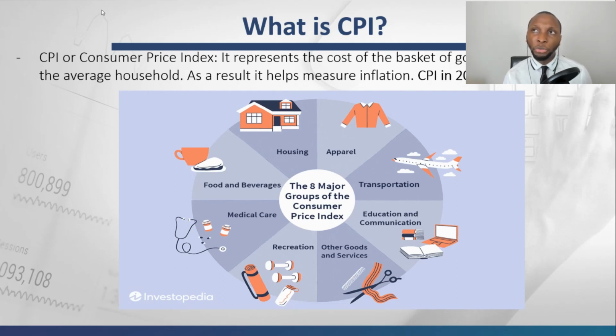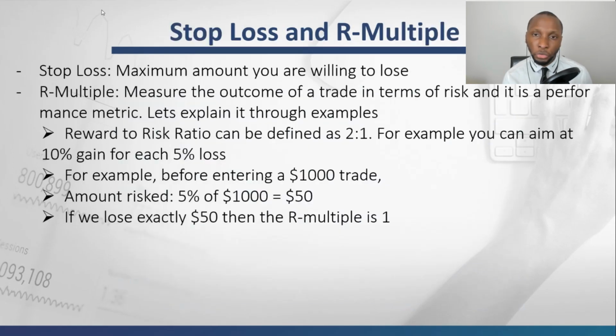But it's simply: you use the base year, the CPI of the base year minus the CPI of the current year over the CPI of the current year, and you times that by 100. That will give you the inflation rate. So as we can see, the CPI determines the inflation, and the inflation determines how much of an increase we have in the price of goods.